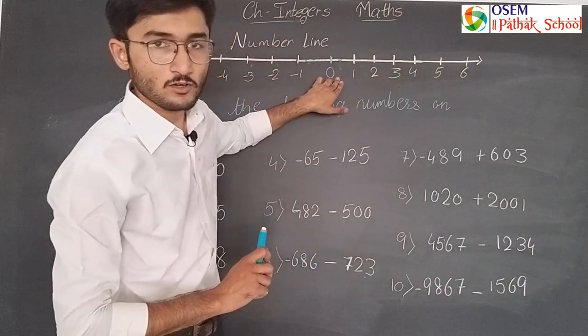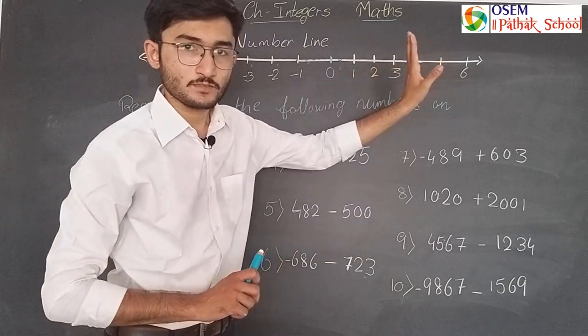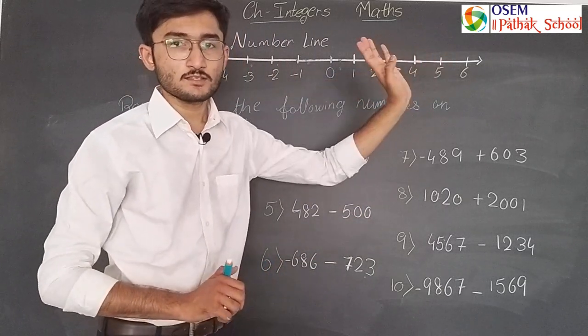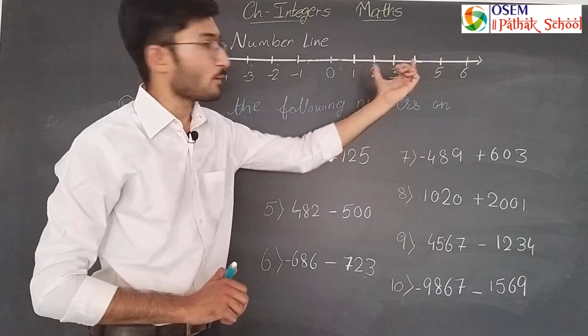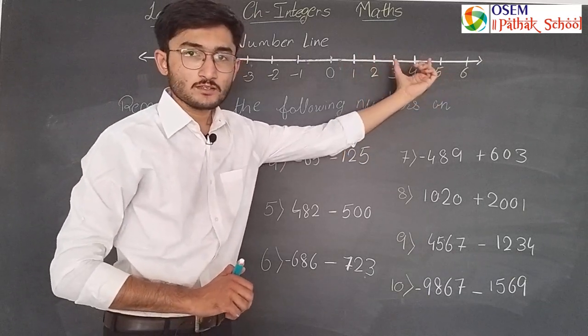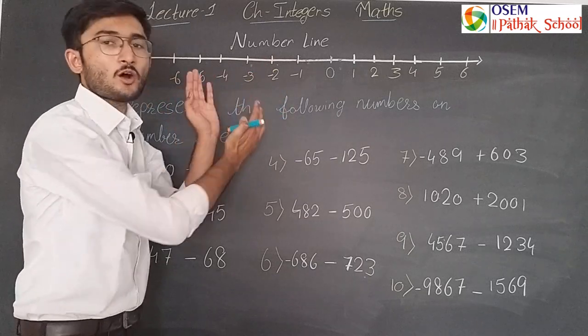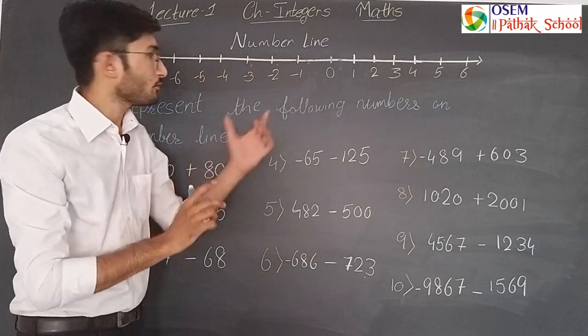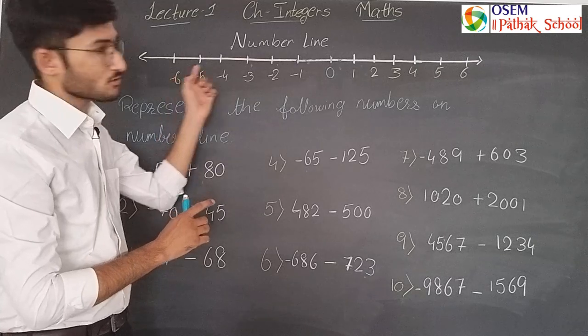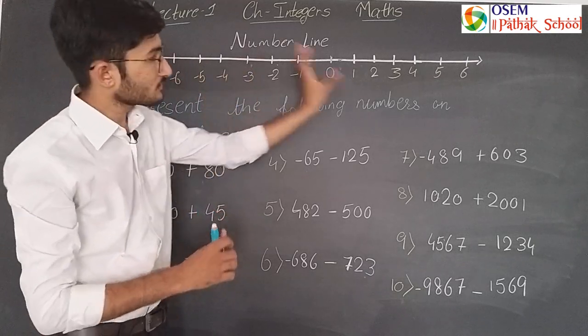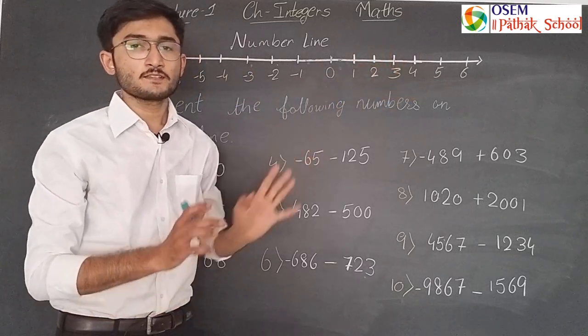So it will lie on the positive side, that is on the right side of the 0 on the number line. Whatever value you take on this side, the same value will have to be represented on the left side of the number line. If you are representing till minus 6, then on the other side also 6 integers.